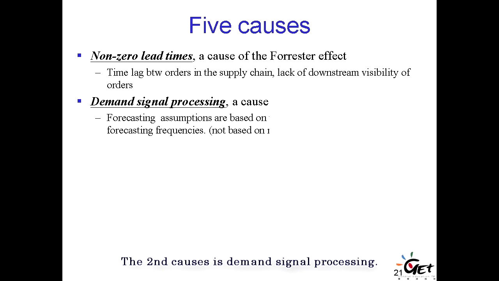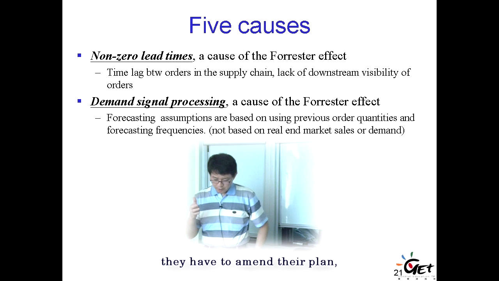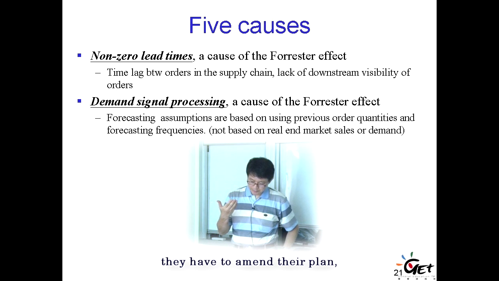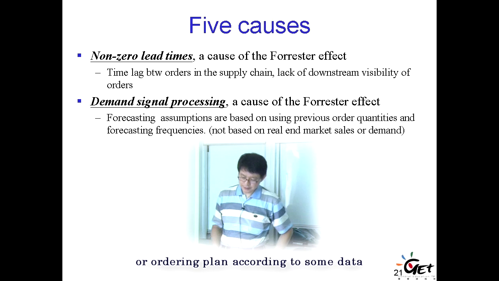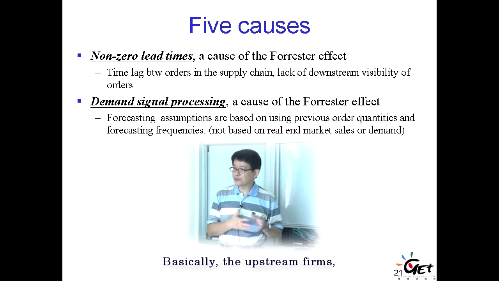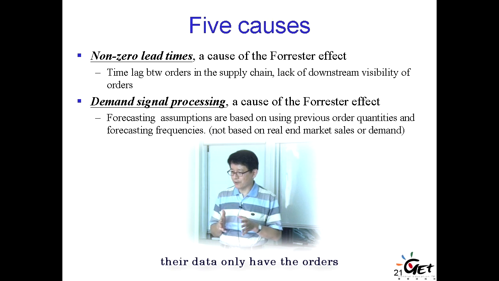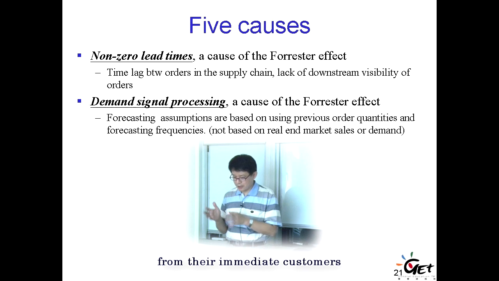Okay. The second cause is demand signal processing. Basically, each organization along the supply chain has to make their production plan or ordering plan according to some data. The upstream firms only have the orders from their immediate customers.